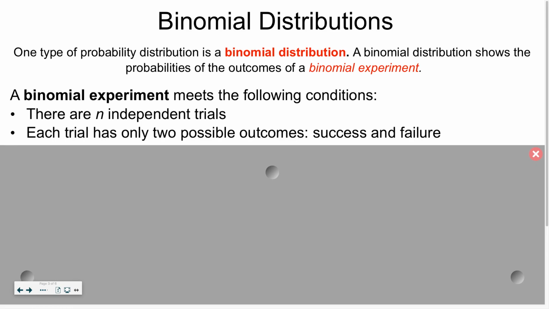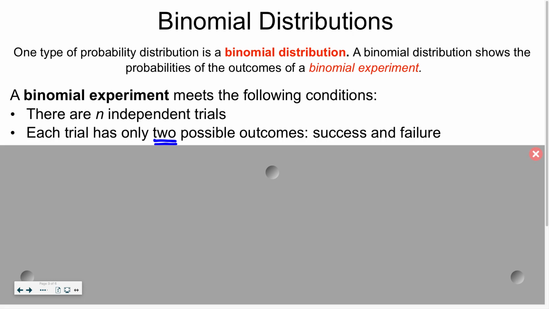Each trial will have only 2 possible outcomes: success, failure. This is why we call it binomial. So the prefix bi means 2. Okay. There are only 2 outcomes possible.